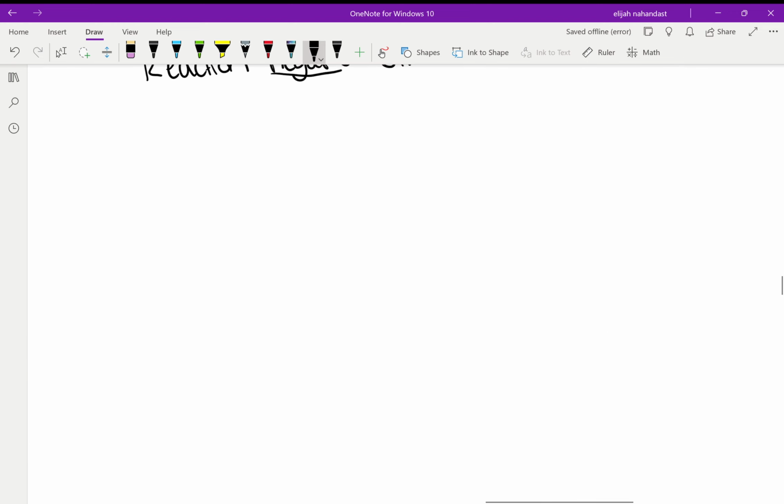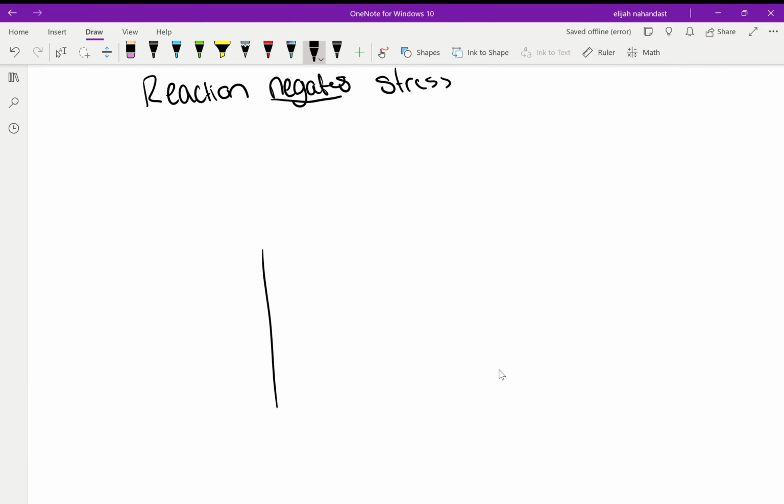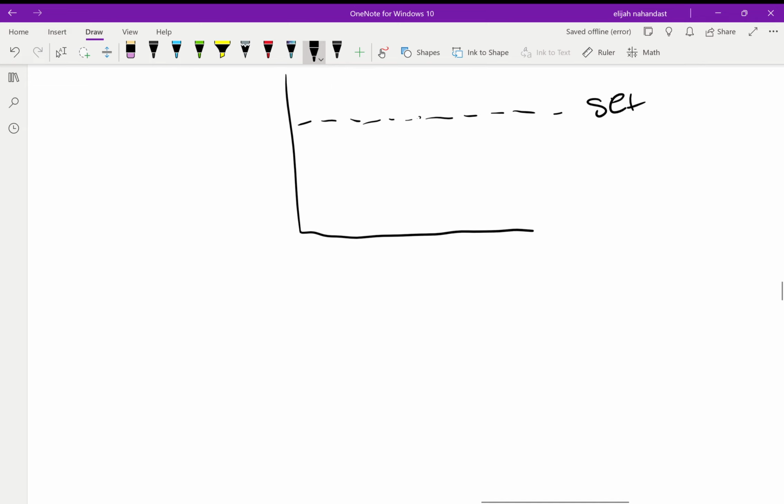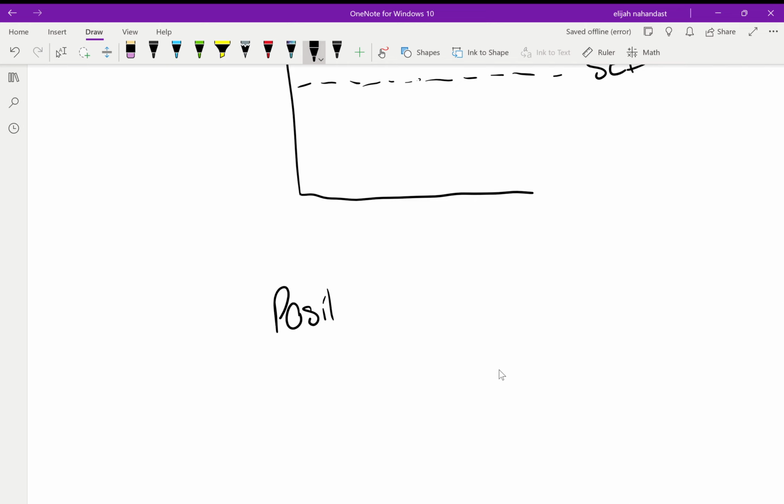So now if we want to talk about a positive feedback loop, we have our graph and our normal set point. With positive feedback, we still have our stress and our reaction. Stress is always going to be prior to reaction, so reaction follows stress.